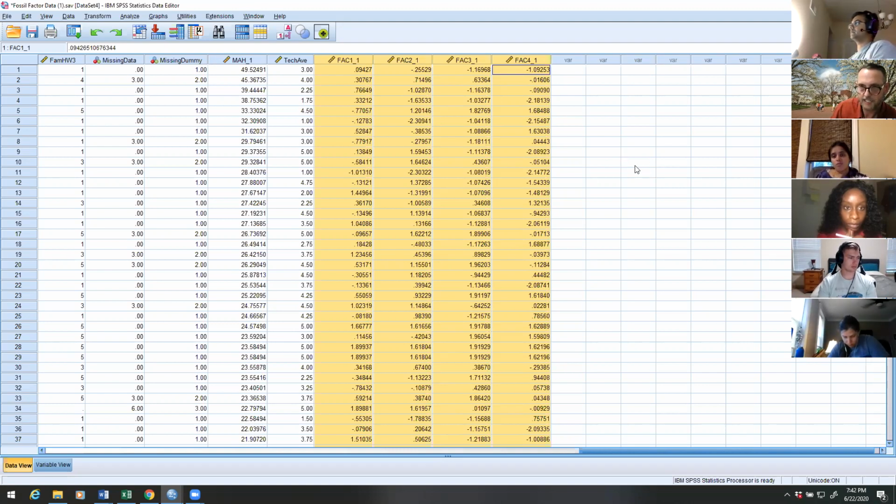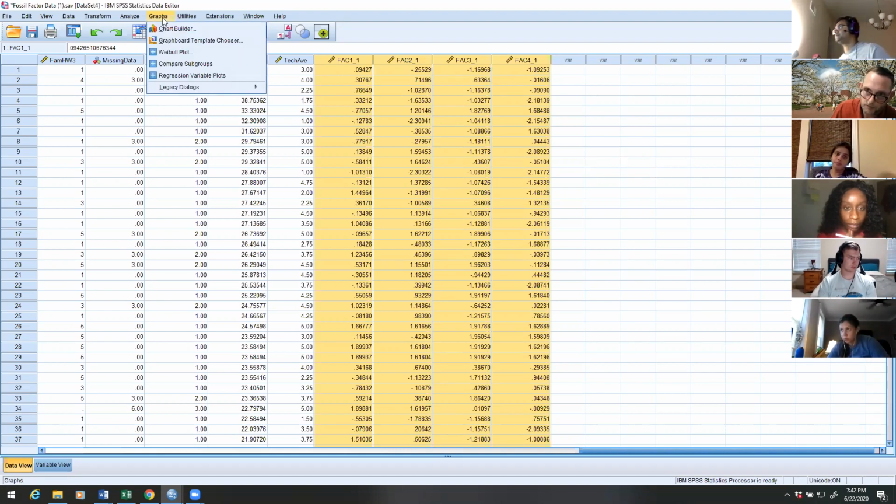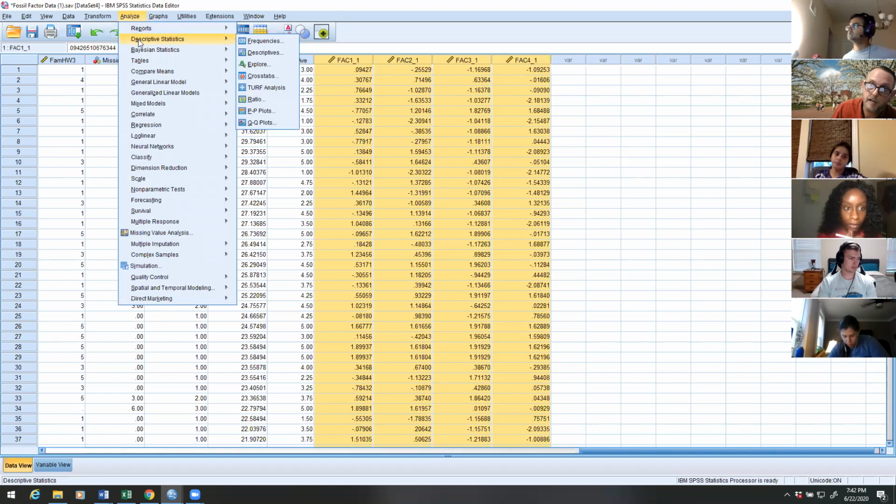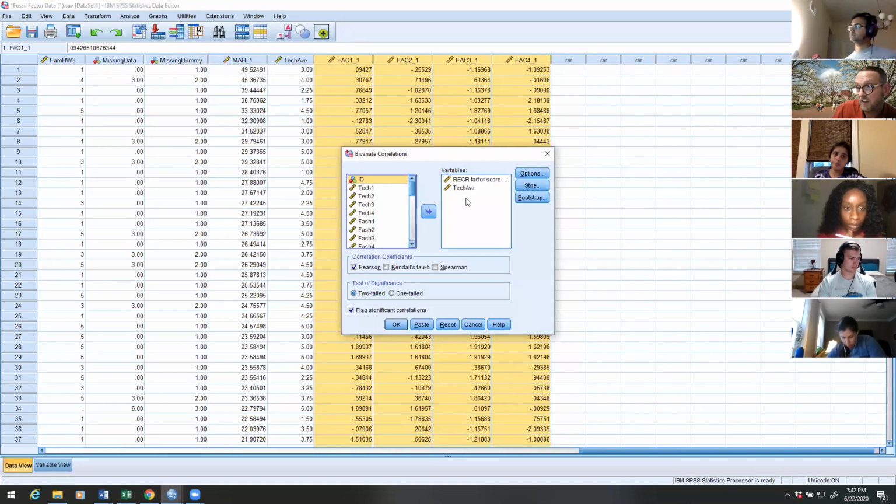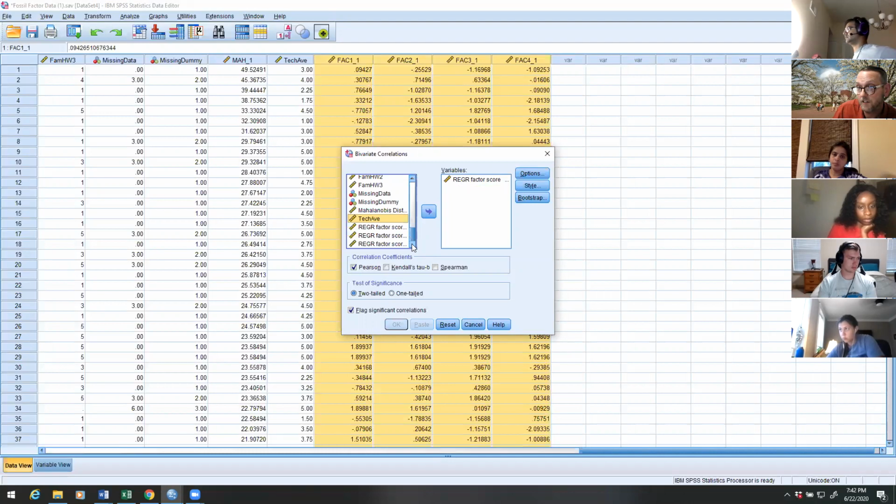I can look at how aware they are of the products. Maybe I could say someone who's more aware of a product is more techie. I don't know if that's true or not, but maybe I could say that. And we could see through some type of analysis.